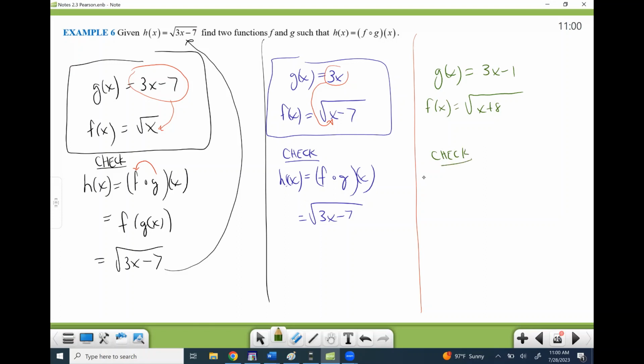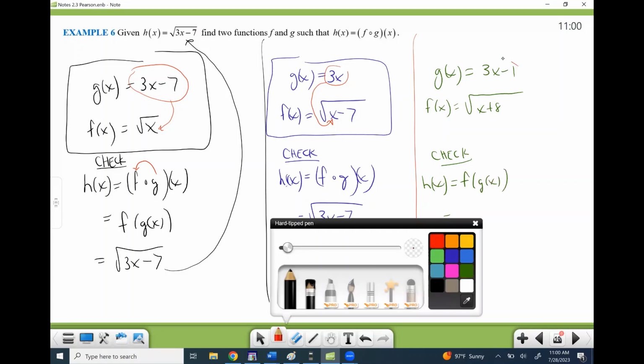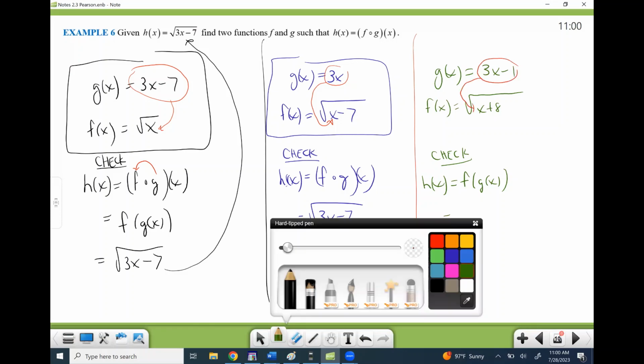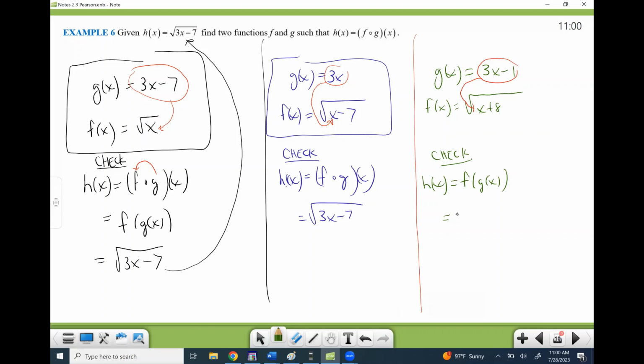Okay, so we know that for h, it is f with g inside of it. So we would have to take this and put it in where the x is. So if we did that, it would be the square root of 3x minus 1 plus 8. And that would, oh, I have my signs wrong, you guys.